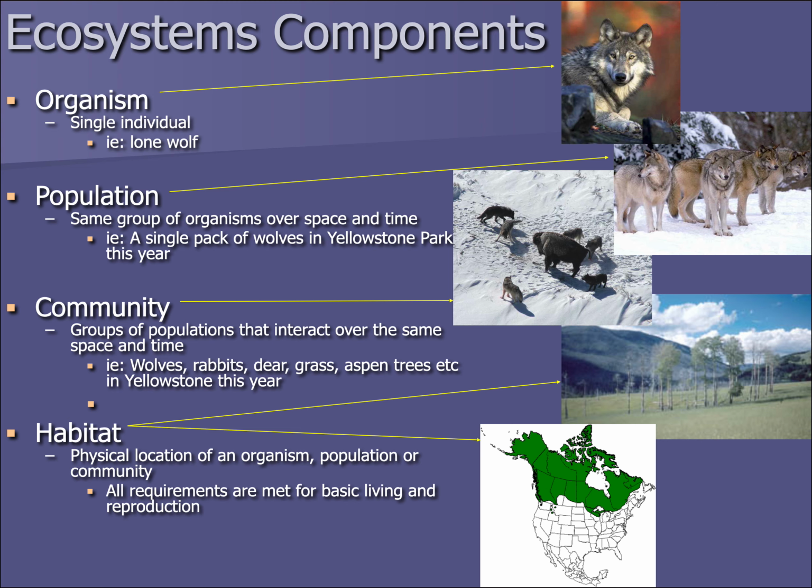But together, the 2 packs are part of a community, and other members of that community include the elk in Yellowstone National Park that interact both directly and indirectly with the wolves and the bison, with the squirrels, with the red-tailed hawks, with the black-capped chickadees, with the earthworms, with the plethora of different grass species.